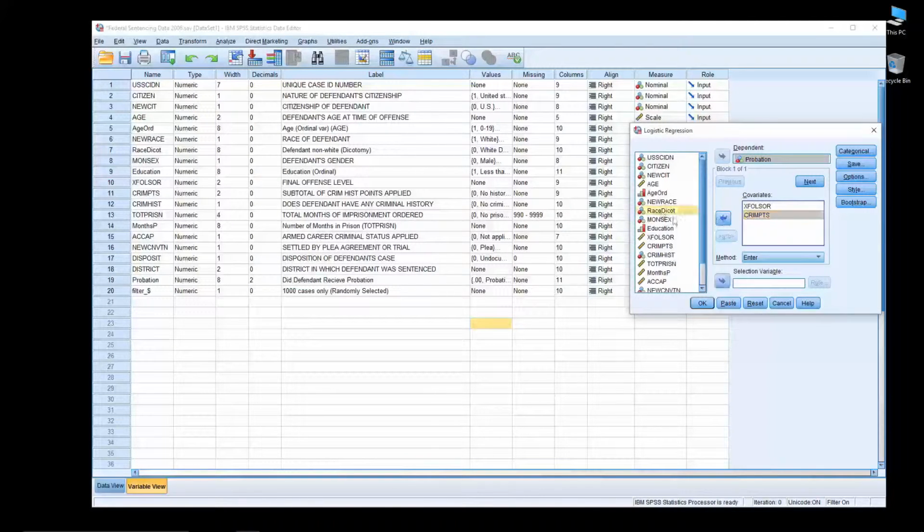We're also going to bring in a dichotomous race variable, which is 0 for whites and 1 for non-whites, as well as a dichotomous variable for gender, 0 being males, 1 being females. So we bring all of those into this covariates box. These are all of our independent variables. Our dependent variable is set up here, and let's run the model.